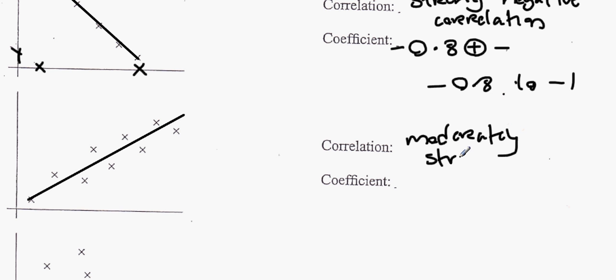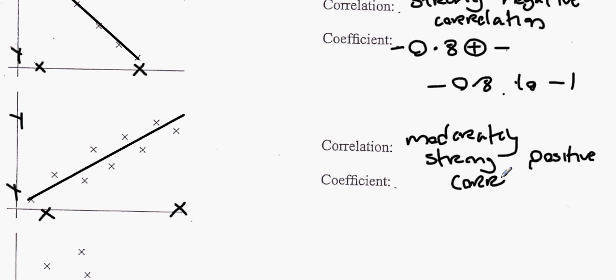It's positive because as the x value gets bigger, so does the y value. Okay, so it's a moderately strong positive correlation, and if we're given a ballpark range, I'd say anywhere from 0.6 maybe to 0.75, somewhere around there, maybe even higher, 0.8. Okay, so 0.6 to 0.8, somewhere in that range.